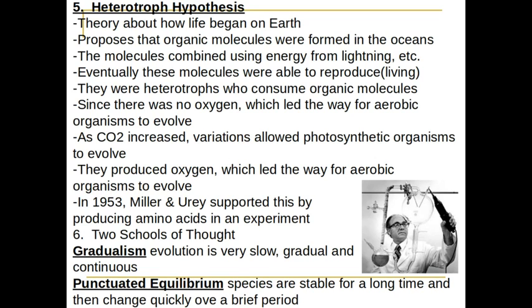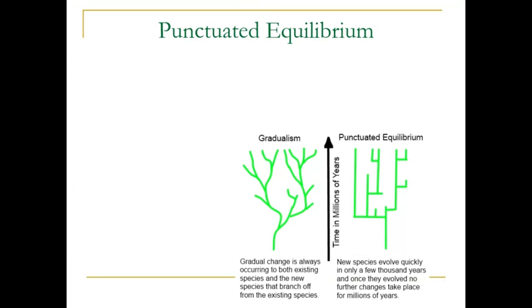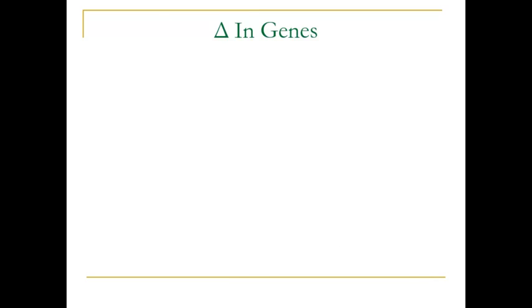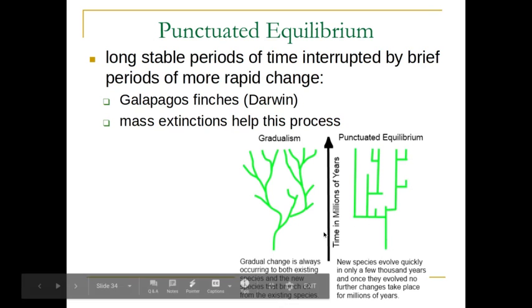Now, once you have life on the planet, you have two theories or proposed methods in which organisms change over time: gradualism and punctuated equilibrium. They are outlined right here.